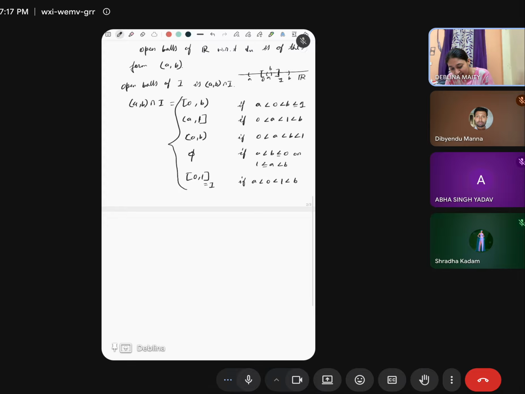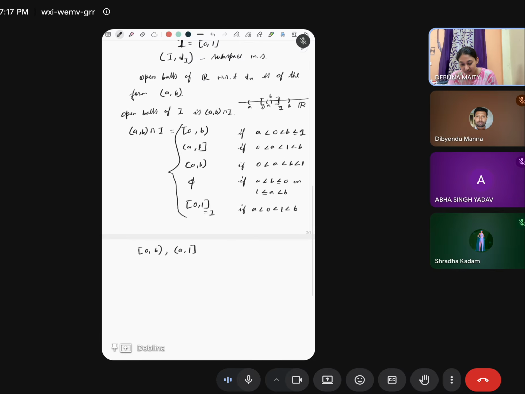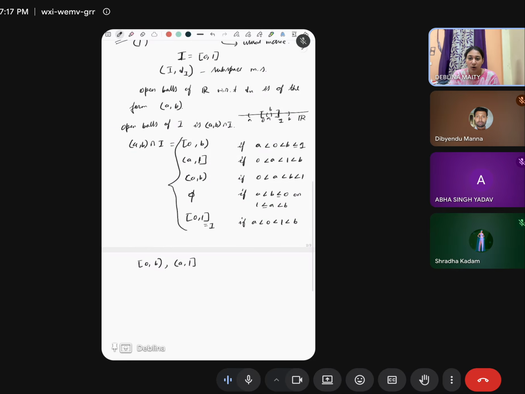Now see this kind of balls, this 0 B, A1 and 0 1, no, 0 1 is the whole set. So this kind of balls, these are not open in R, right?